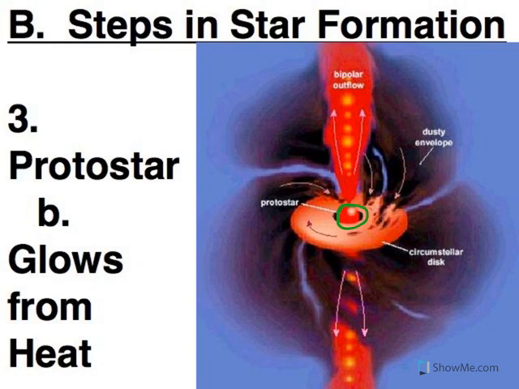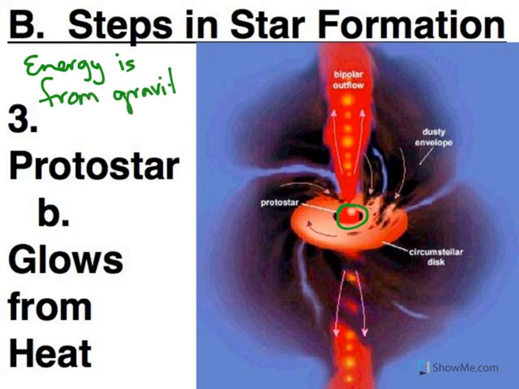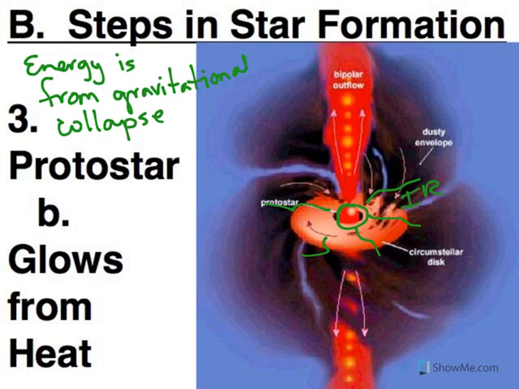There is no other form of energy production. So our energy is from gravitational collapse. Now typically we're going to see this in the infrared part of the spectrum rather than optical. You can see it in optical depending on the circumstances, but it's much easier to see in the infrared.